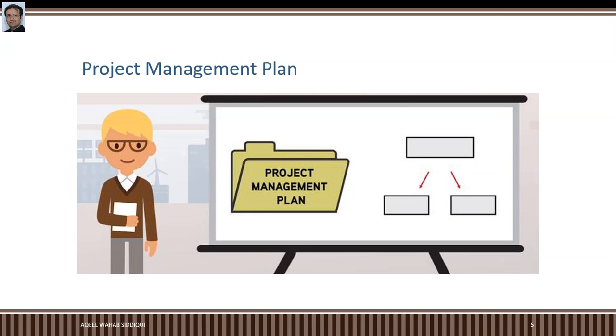In the project management plan, we have specified the tools, techniques and processes we are going to use for project time management. So you need the project management plan as an input to estimate activity duration.